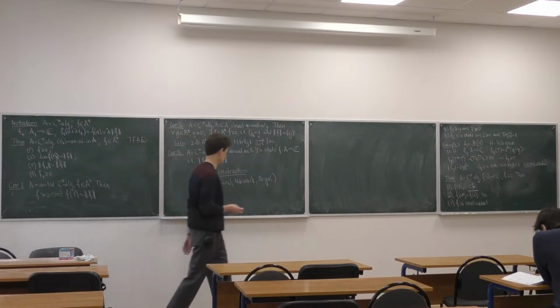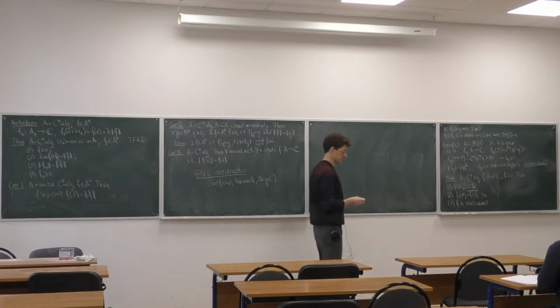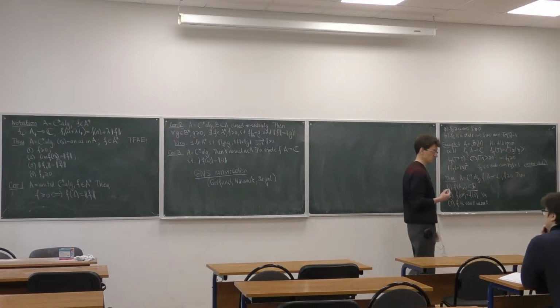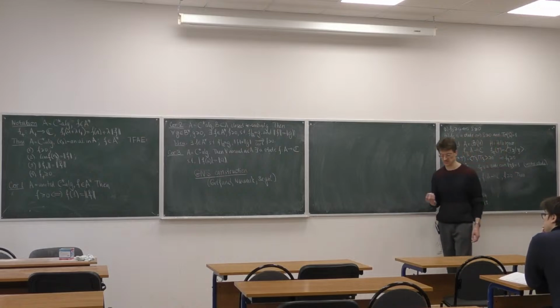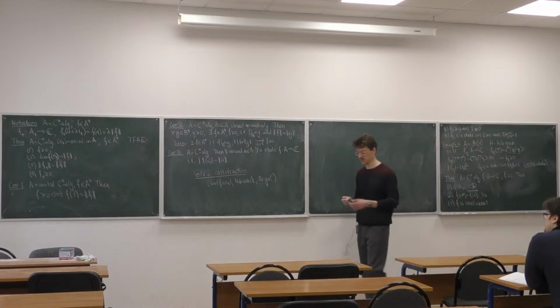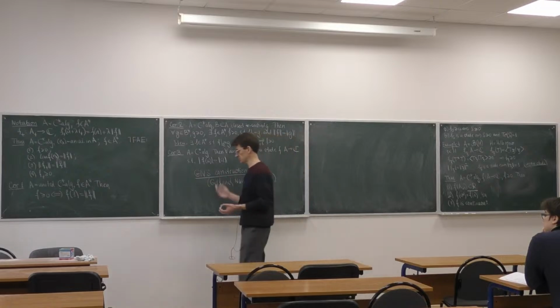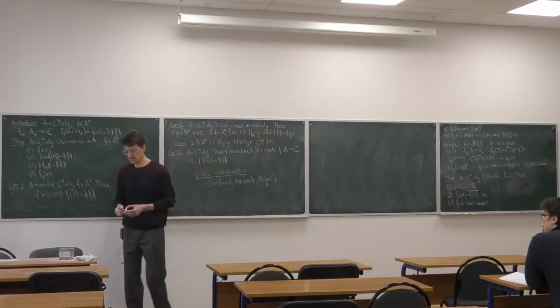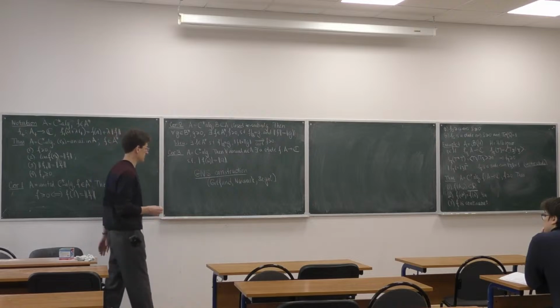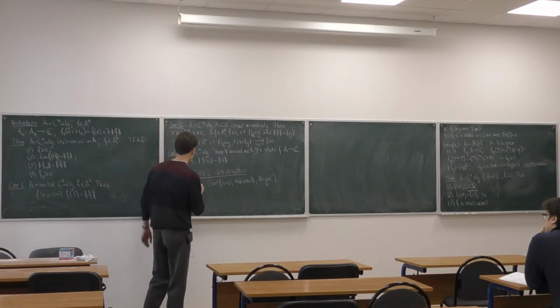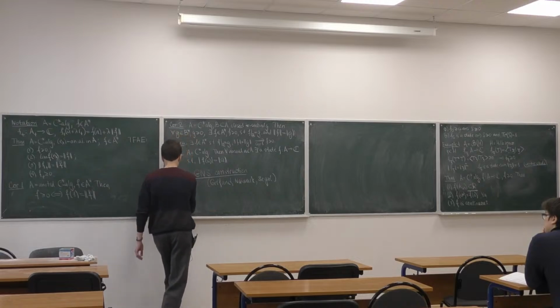In fact, the theory of C-star algebras is based on two fundamental constructions. The first fundamental construction is the Gelfand transform, which we already know about. And the second construction is the GNS construction. Both constructions are very simple, but they are very useful at the same time.